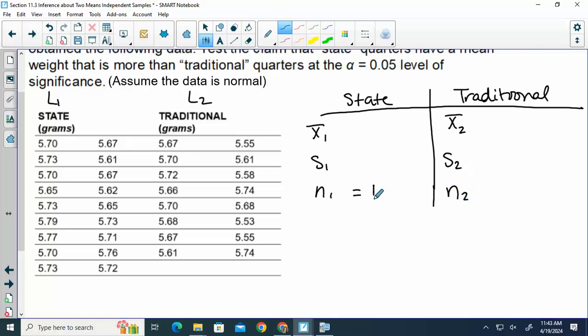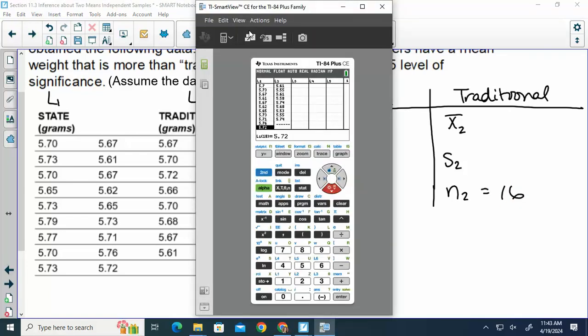I already know the number in the first is 18, the number in the second is 16. But then we would use our calculator to find that information.